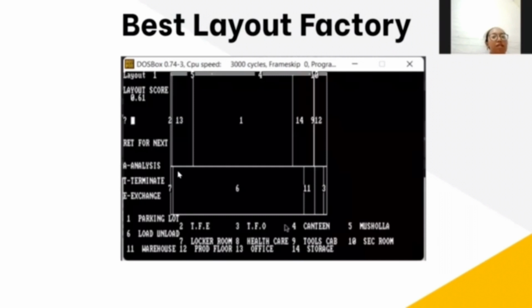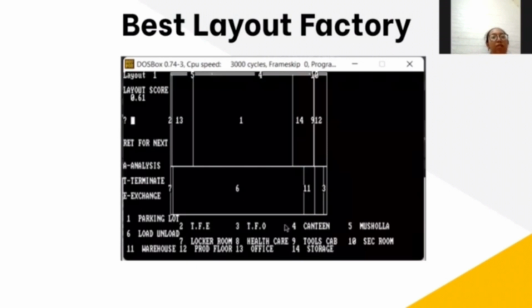Next is the best layout for the factory. The initial layout of the whole factory is generated using the block plan algorithm. The data needed to generate the layout are the number of departments, the name of each department, the area of each department, the total area of the facility, and the activity relationship chart, or ARC. The first thing we have to do is fill in the required data about the departments and area of the layout to be generated.